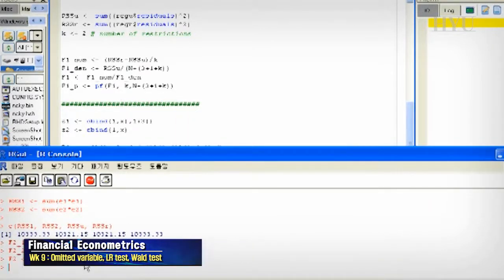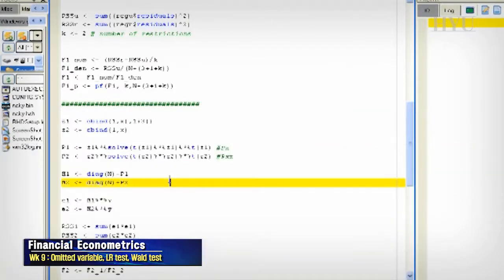So let me compare this F2 with F1. Oops, what is going on? They are different.